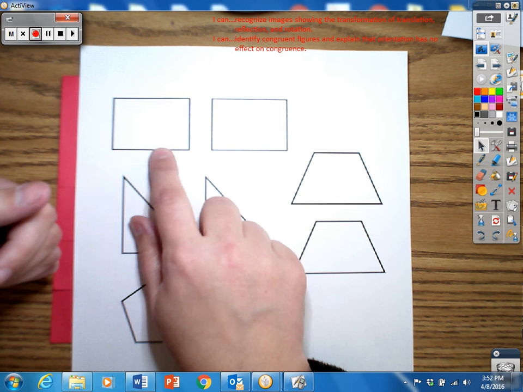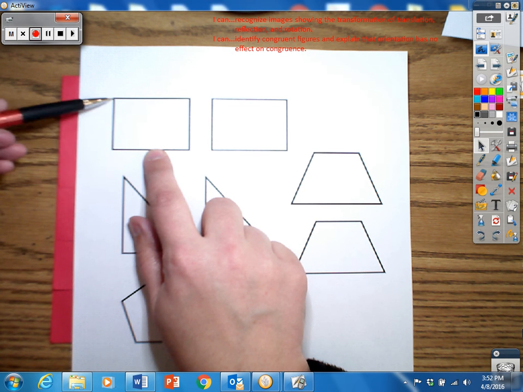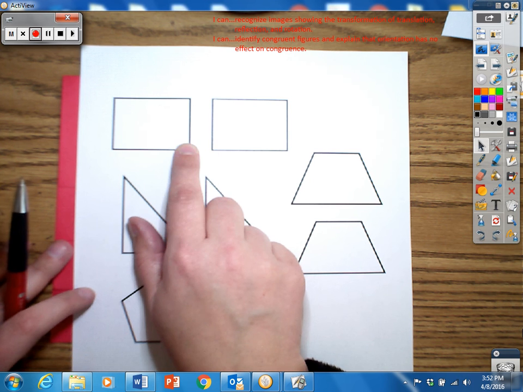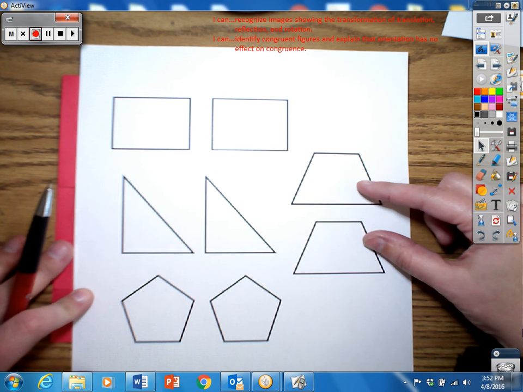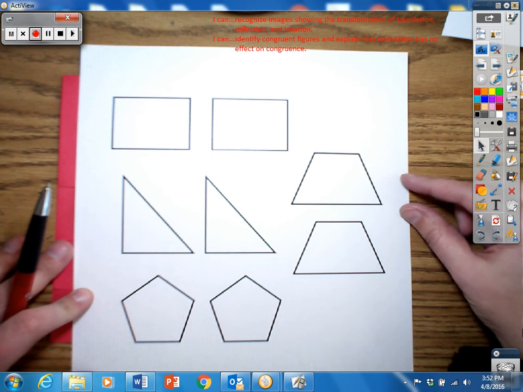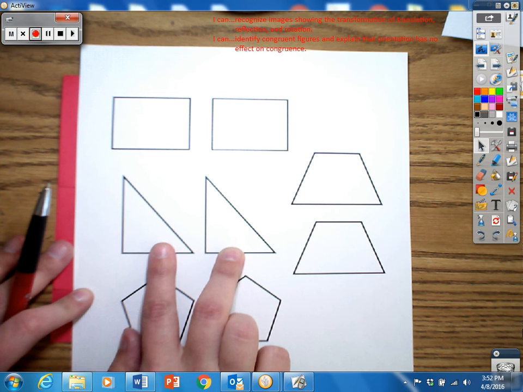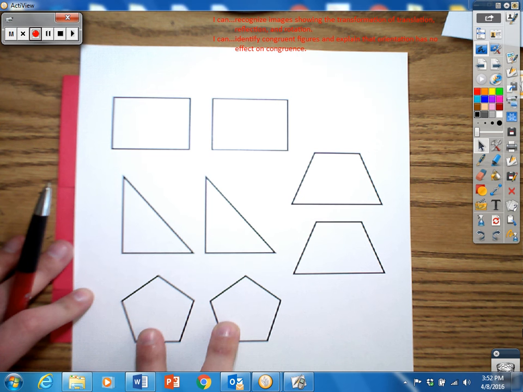Congruency means same size, same shape. So if we look at these 2 rectangles, they are both the same size and the same shape. These 2 trapezoids are the same size and the same shape. The 2 triangles are the same size and the same shape. And these 2 pentagons are the same size and the same shape.